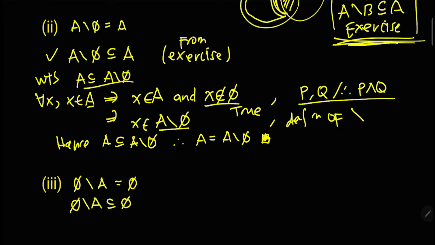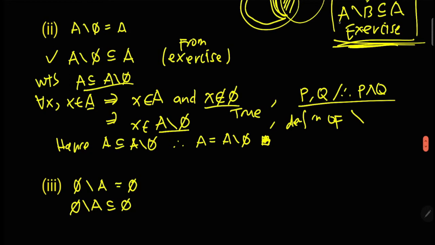We are using this property: a set A except any set, you remove any set from A, the result is a subset of the original set. So the original set is empty. We're removing something from it. So whatever we remove, the resulting set is a subset of the original set. Okay? So again, this is from the exercise.